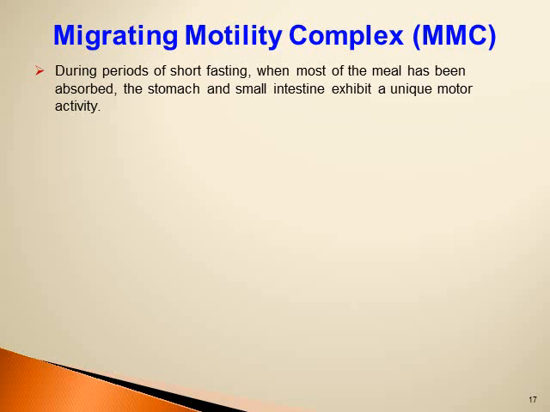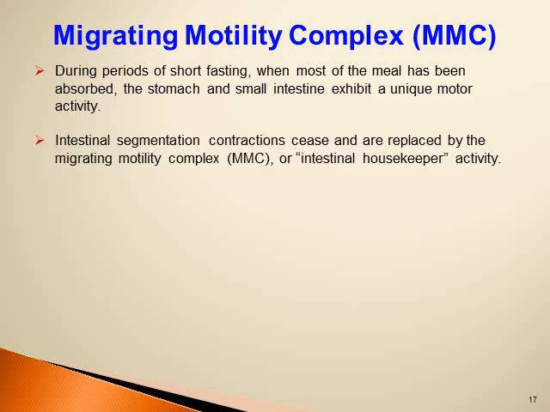Digestion and absorption doesn't mean that all the food or all the chyme is absorbed. So what is left over should be removed from the stomach and small intestine, to clean them in preparation for the next meal. So this motility pattern is to remove any remnants from the previous meal.